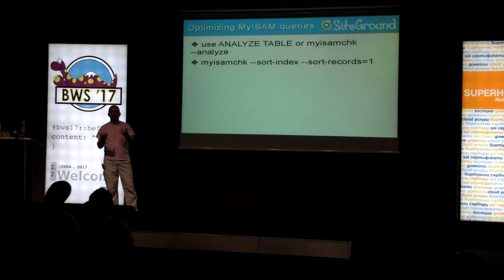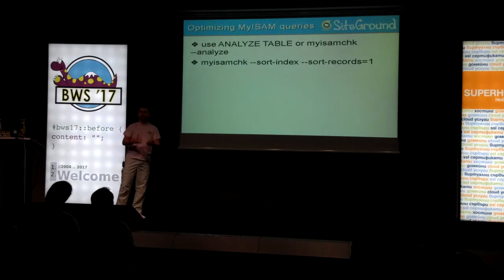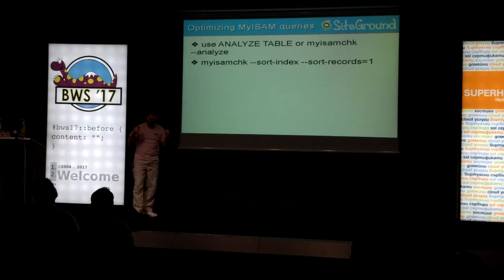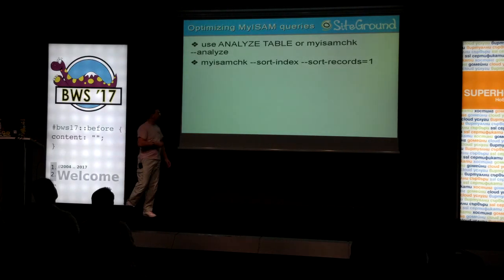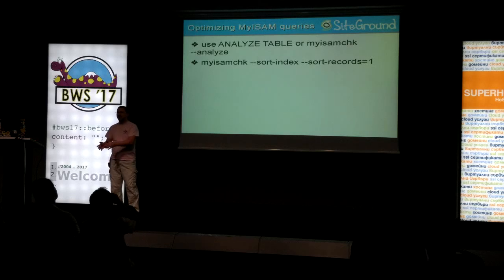So your queries get your data, but the storage format is not optimal now, because you're querying your table based on your third index. So what you can do is you can use MySQL check and tell it to reorder the data on the disk based on one of your indexes, and you're simply telling the index number. So if it is the third index, you simply say so here.